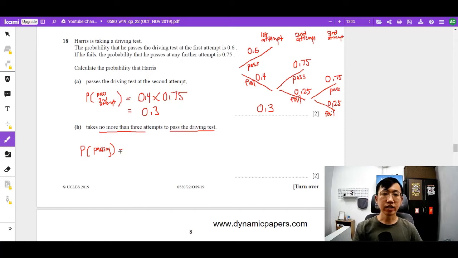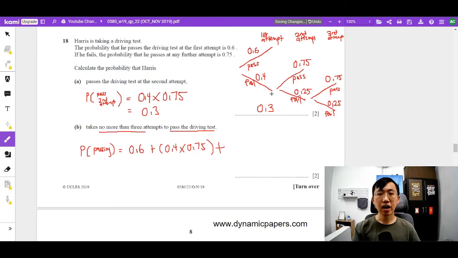Okay, there are many ways. The first way is he passes the first attempt himself. So the probability is 0.6. That's one possibility. The second possibility is he may fail and pass the second time. So the second possibility is 0.4 times 0.75. And the last possibility is he failed 2 times.